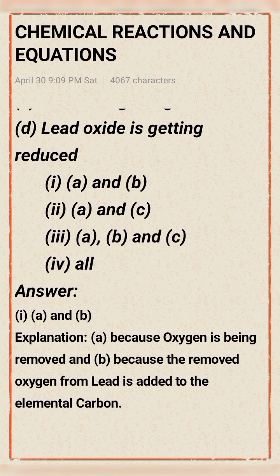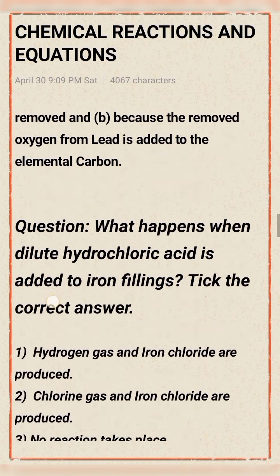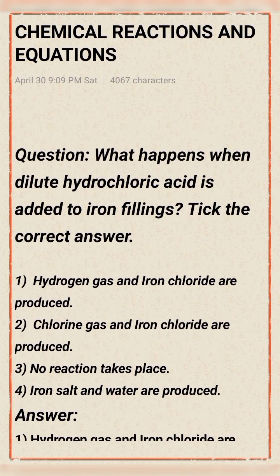Okay, next question, what happens when dilute hydrochloric acid is added to iron filings? Take the correct answer. Option 1, hydrogen gas and iron chloride are produced. Option 2, chlorine gas and iron chloride are produced. Option 3, no reaction takes place. Option 4, iron salt and water are produced.